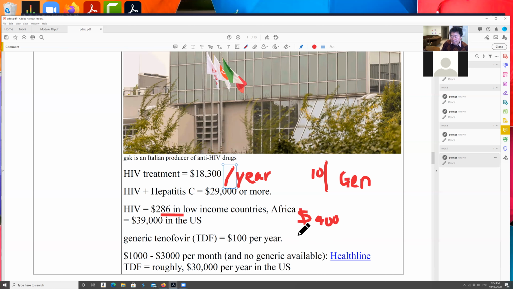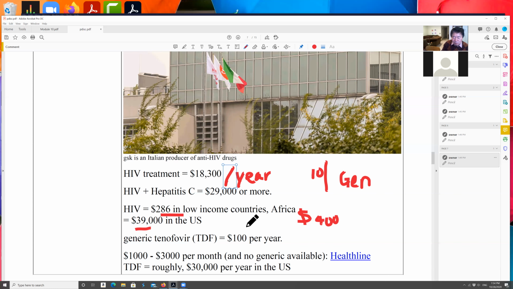If you sell the drug at $400 and you're charging $39,000 in the US, now all these illegal drug dealers, mafia, and so on in New York City, they hear about this. Oh, this price, we can get them for $400, and we'll cut the price to these American consumers, maybe $20,000.